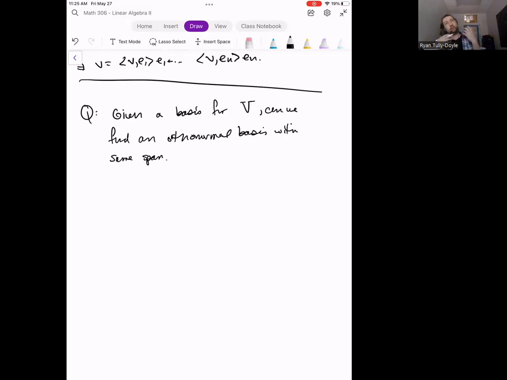That is, I want to replace my original basis with a new basis that I build from it, but I don't want the space that I'm describing to change. I need the space to be the same, or this is sort of a useless procedure. I don't want to add directions or take directions away. I want the directions to be the same. And so the answer to this question is yes. And the name of the procedure is the Gram-Schmidt process.